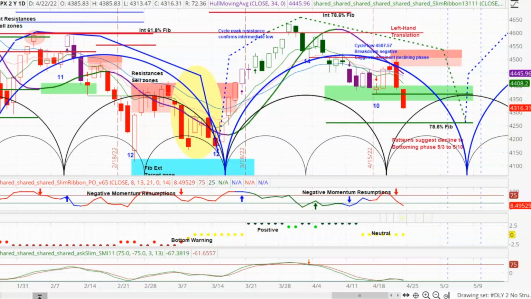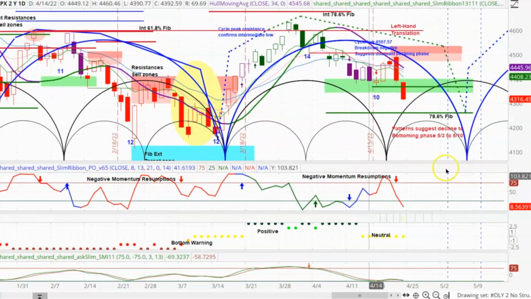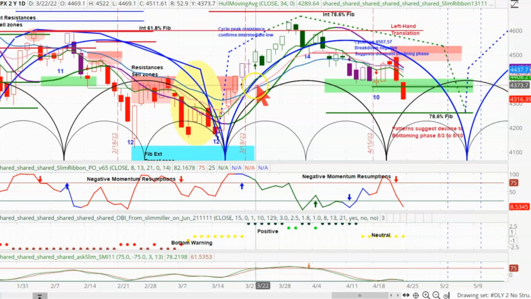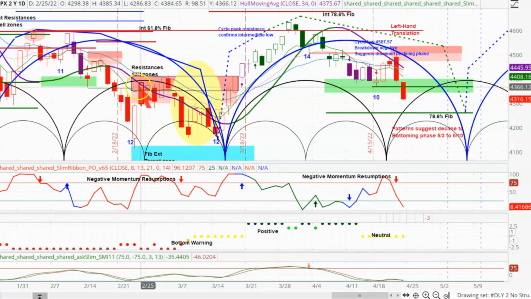I want you to see in here our proprietary indicators. I'm just going to move this down where there's a little more room for you to see. When you look at the slim ribbon, which is right in here, it tells you when the market is in positive or negative condition.